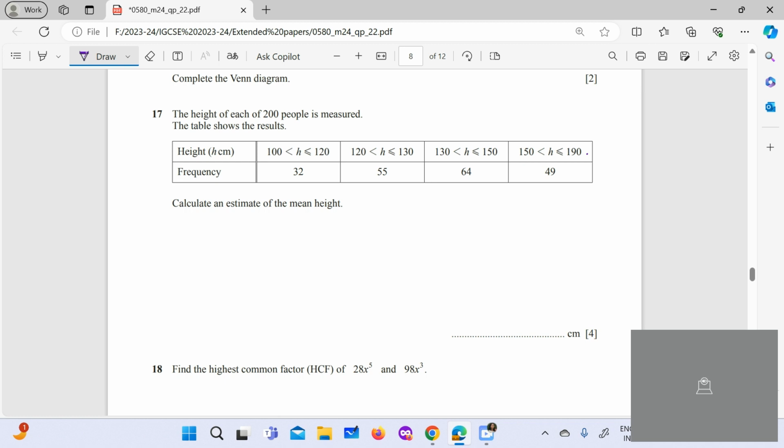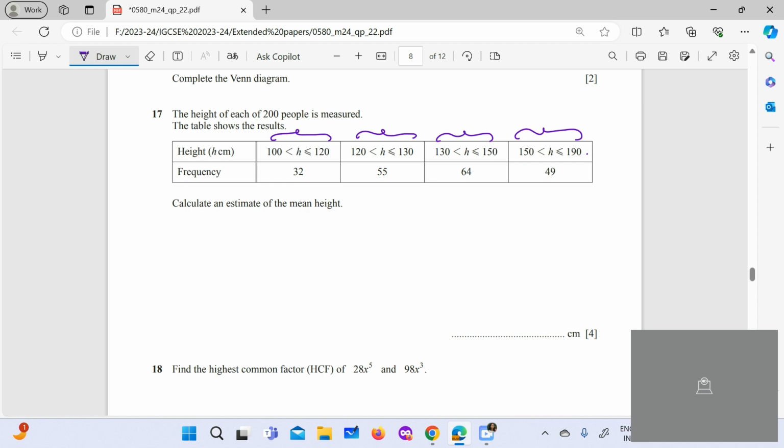So you know that for estimated mean, you will find the midpoint of these heights and multiply them with the frequency and divide by the total frequency.